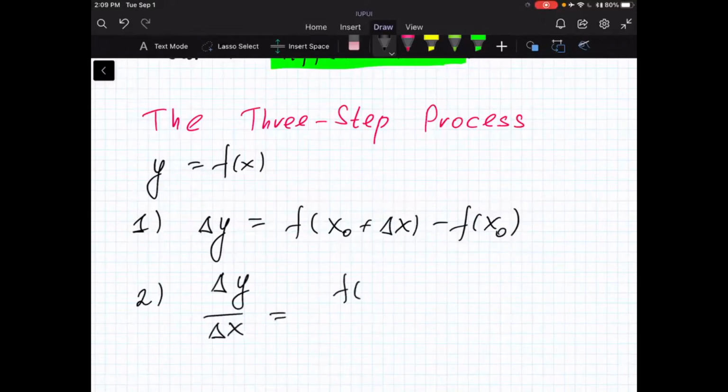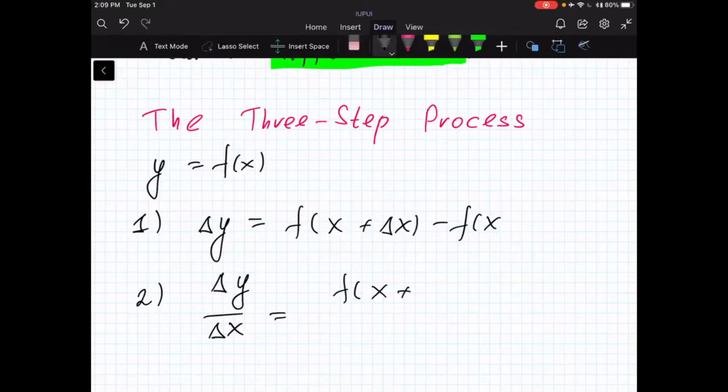You don't need to do anything. On the first step, you have to substitute x naught plus delta x into your function and calculate something, while the second step is just rewriting your result. Let me erase x naught, just x.